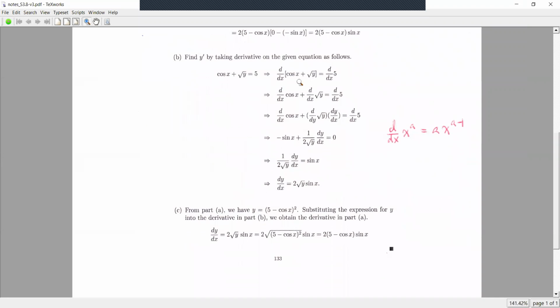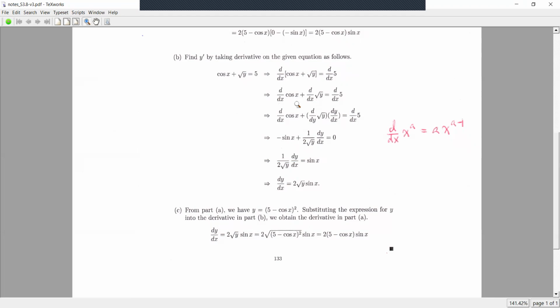The derivative on the left-hand side is a sum. Cosine of x is a function. y is a function because y depends on x. So square root of y is a function. Now, by the summation formula, this derivative is equal to the derivative of cosine plus the derivative of square root of y.